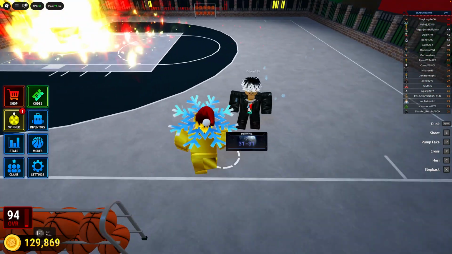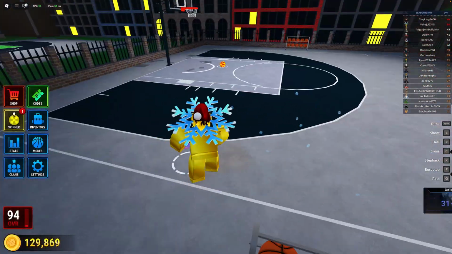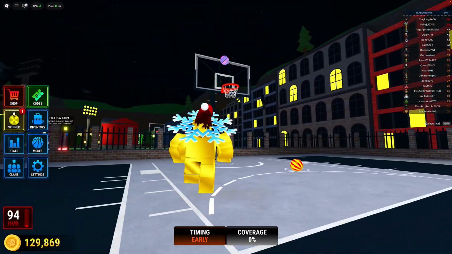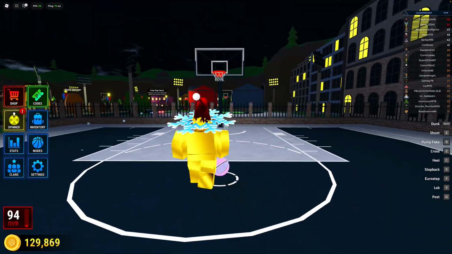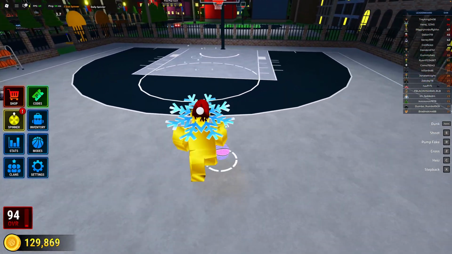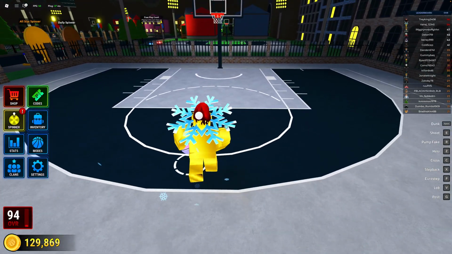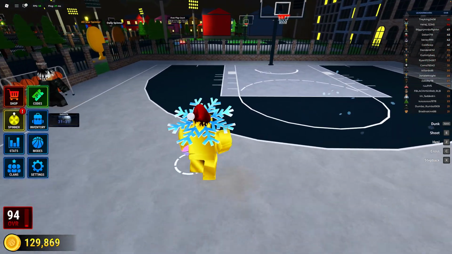Dribbling. So I already told you about the cross, the hezzy, the step back. Oh, that's way off. So if you're in a situation where most people will try to target you, what you want to do is probably step back or cross.